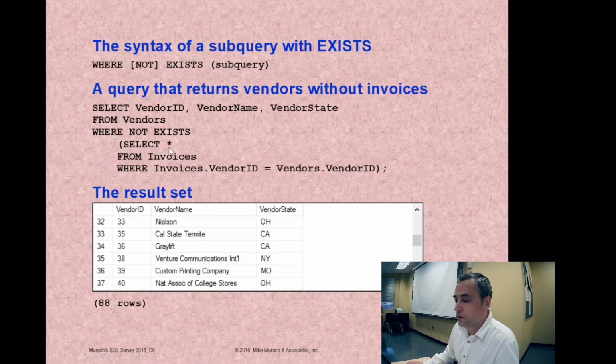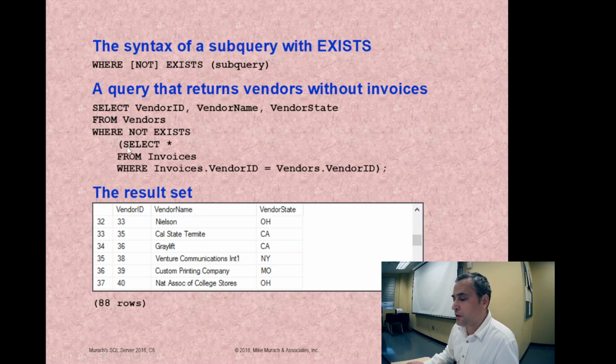What does the subquery do, literally? It selects everything from invoices, where invoice vendor ID is equal to vendor's vendor ID. So for every vendor ID in vendors, we look if there is any data for the same vendor ID in invoices.